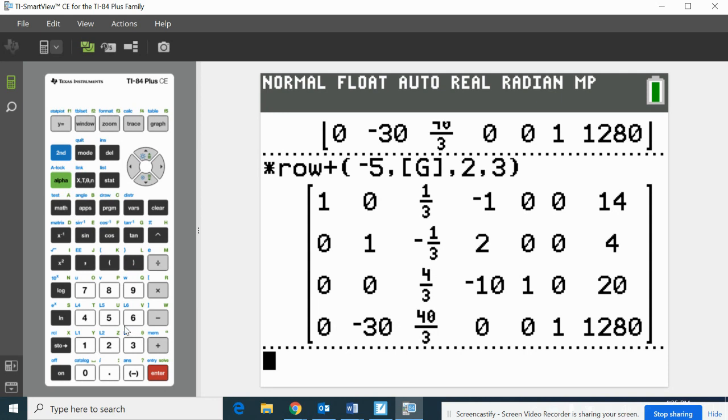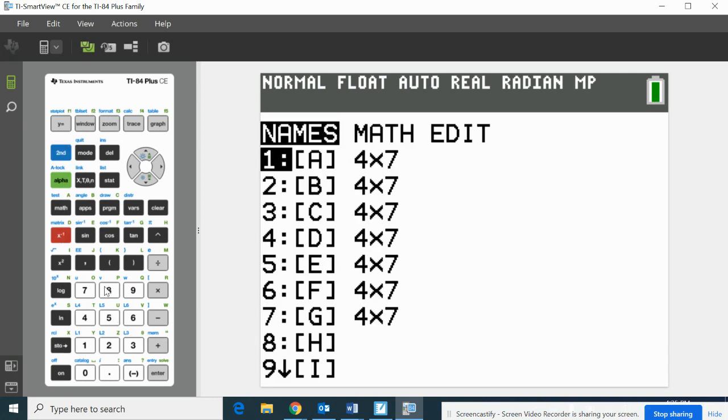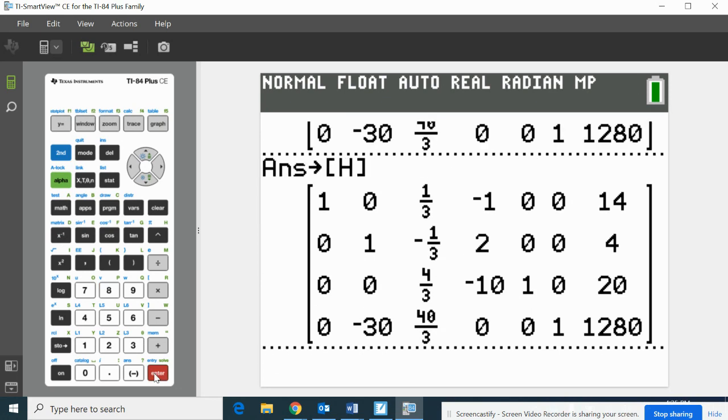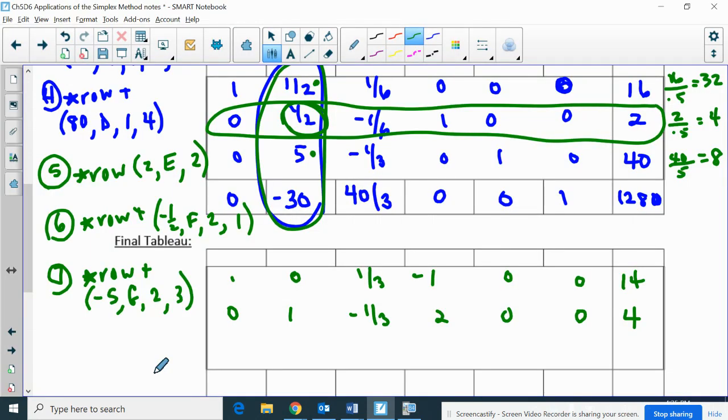And enter, and store this. Second matrix to number 8, H. And then let's go record row 3 in the tableau. So we have 0, 0, 4/3, -10, 1, 0, and 20. Cool, we got one step left.